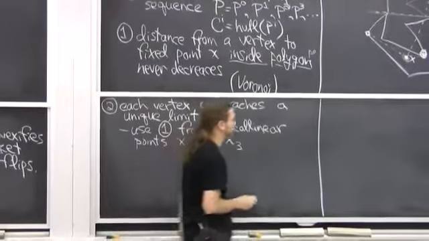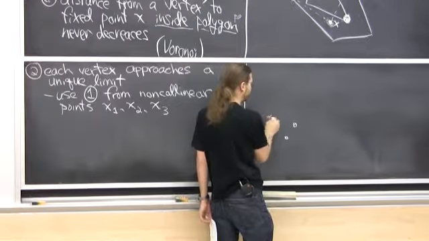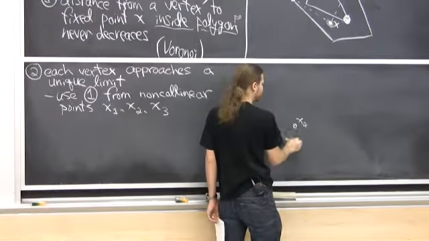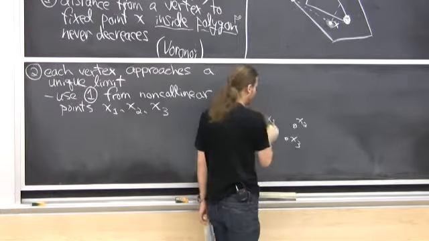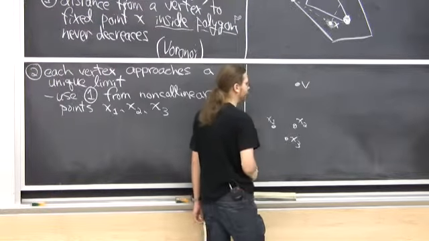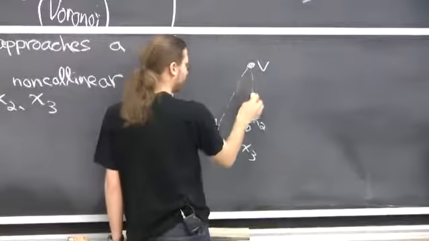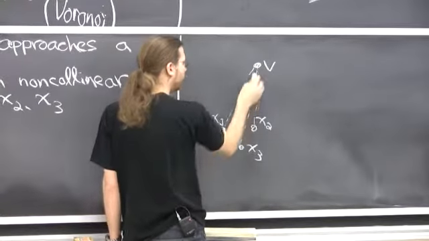So 3 points form a non-trivial triangle. And we have some vertex v that we're interested in. We want to show that it converges to some point. And if we look at each of these distances, they only increase.